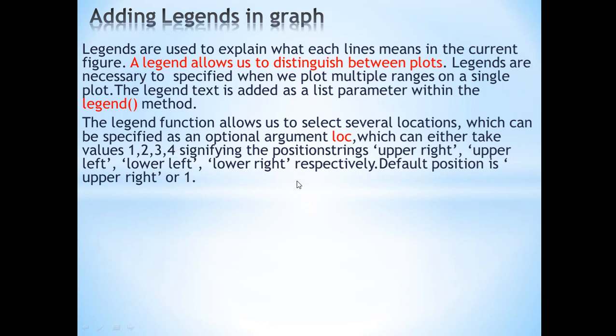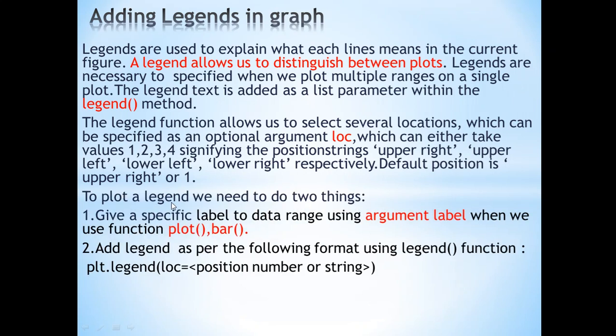And when you do not specify the loc argument for legend, the default position will be upper right, that is 1. Either 1 or a string: the position can be a string, or it can be a number.